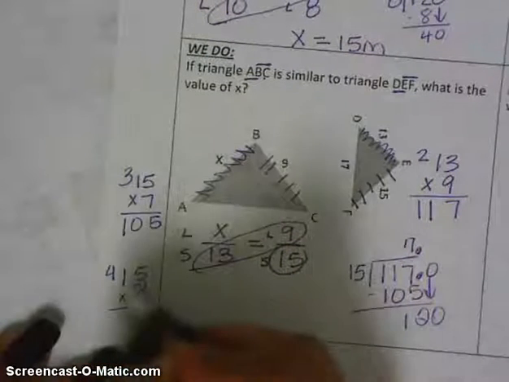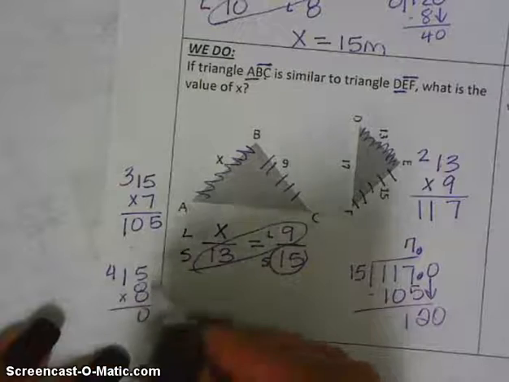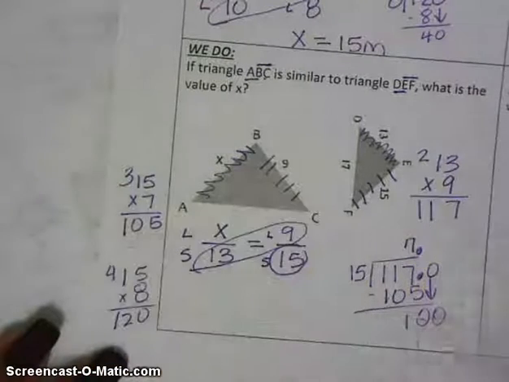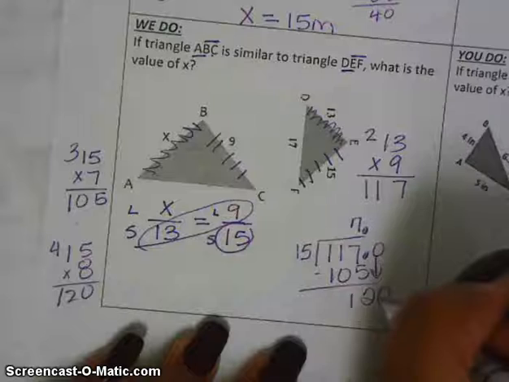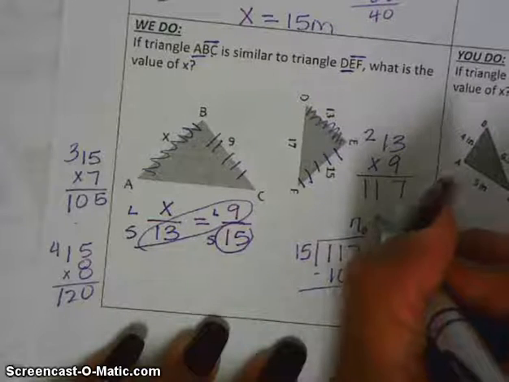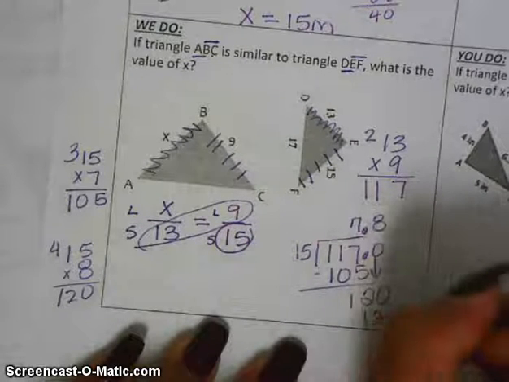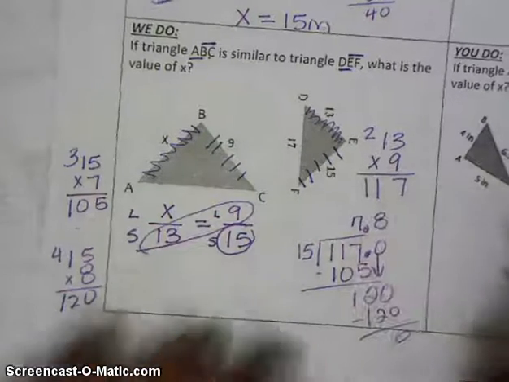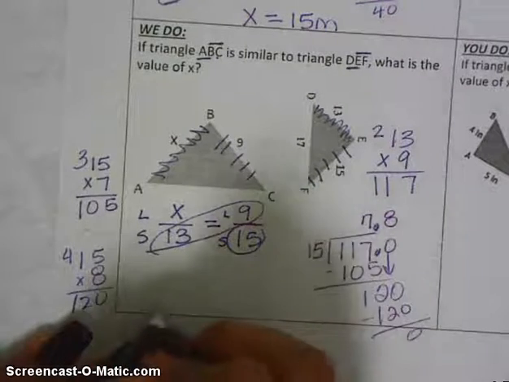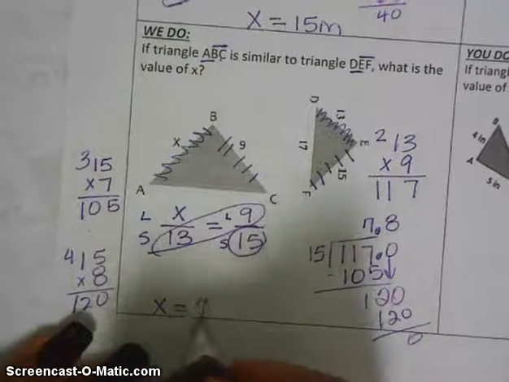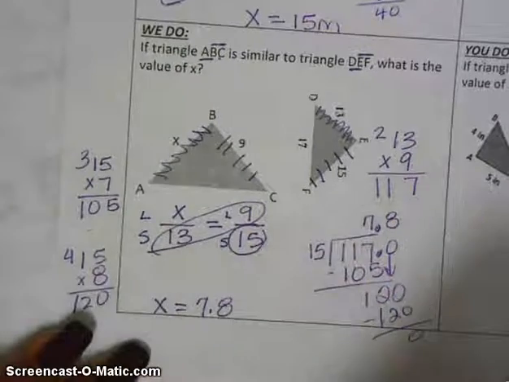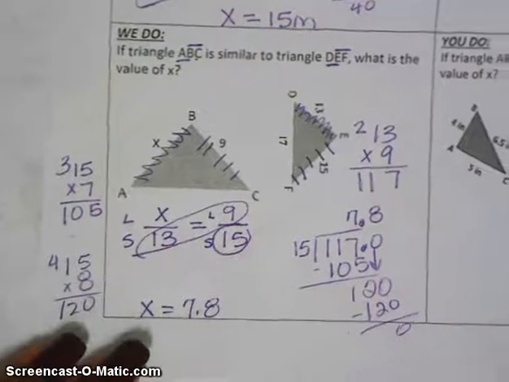Carry my 4. 8 times 1 is 8 plus 4 is 12. So I get 120, which is what I need. So 15 goes into 120 8 times, and it will terminate. And so my x, which is AB, x is going to equal 7.8 units, or 7.8.